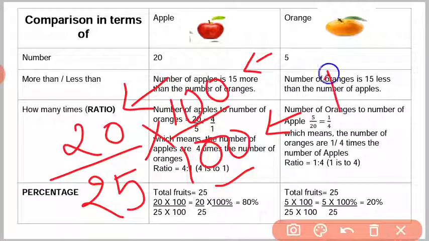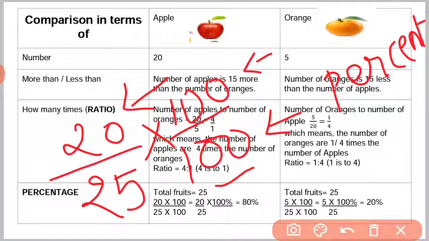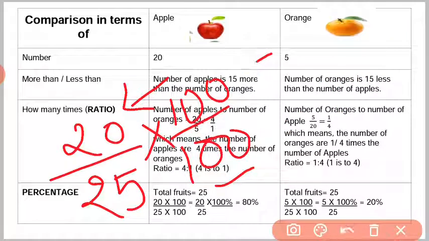So what you will do, you will multiply by 100 and divide it by 100. Whatever you are doing on numerator, you should do it on denominator as well. And percent means what? Cent means 100 and per means 1 upon. So percent means 1 upon 100. So here we can see that there is 1 by 100.